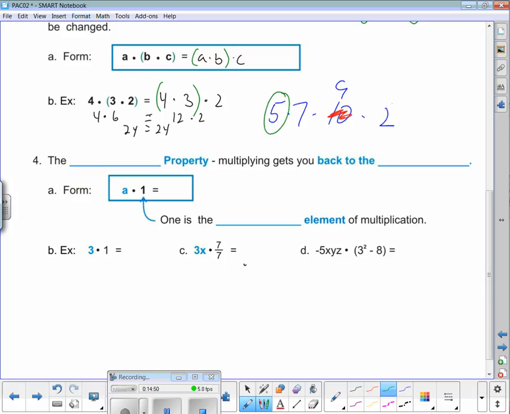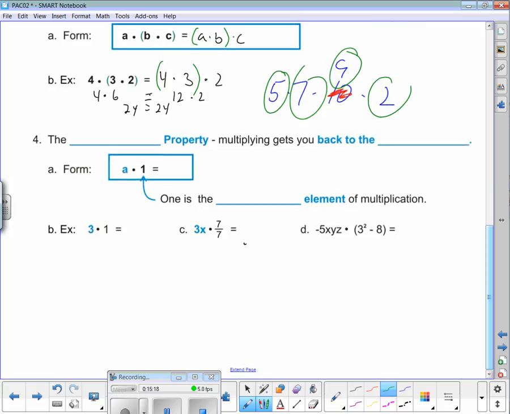I'd probably want to do 5 times 2 first and get 10. And then I can do 7 times 9 and get 63, and 10 times 63 is 630, and I'm done with the number, right? Instead of just going in the order it was, I changed the order to be more advantageous to me because I could multiply those a whole lot better in my brain. So that's a practical use of the associative property.